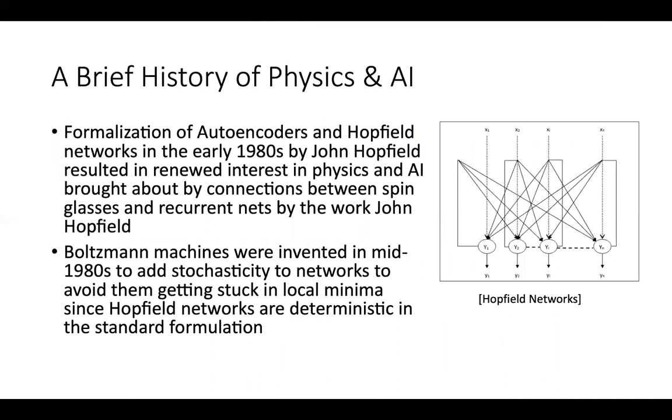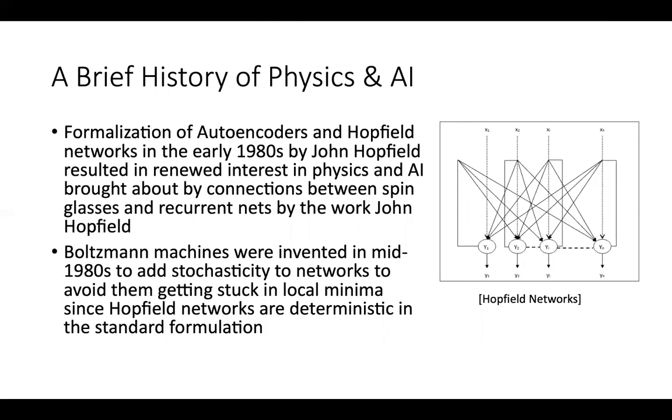And in the field of deep learning, if you look at the formalization of autoencoders and Hopfield networks, what we observe is that there was a lot of interest from the physics community in the 1980s, when connections between autoencoders and spin glass theories were discovered by physicists.